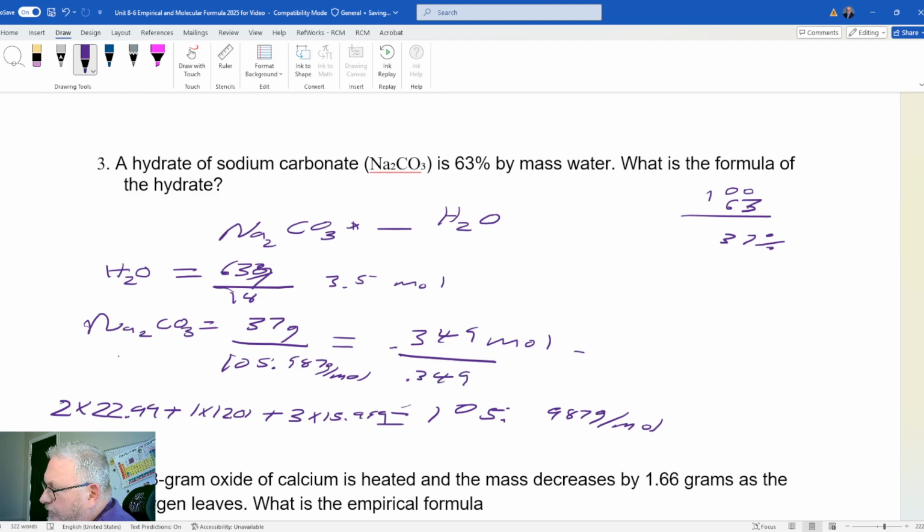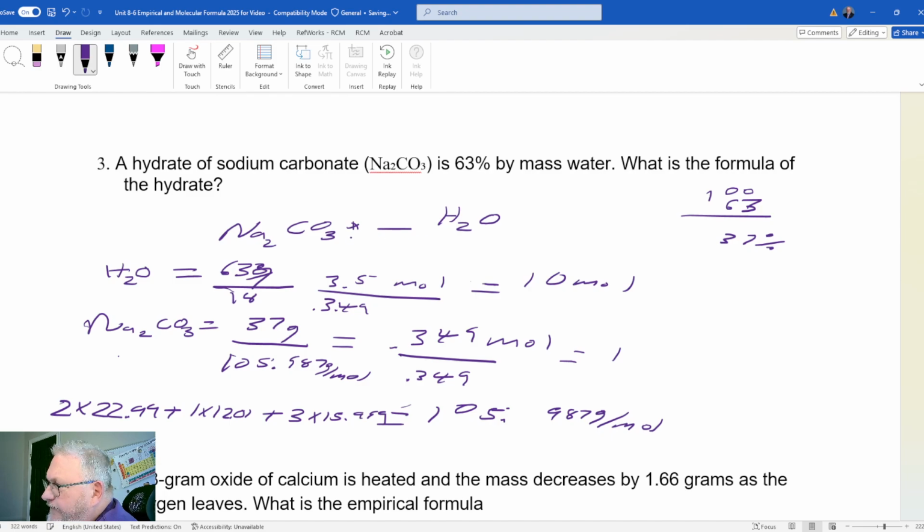So that'll give me 1 mole. And if I divide 3.5 by 0.349, it gives me 10.02. Or we can round a little bit. That gives me 10 moles.